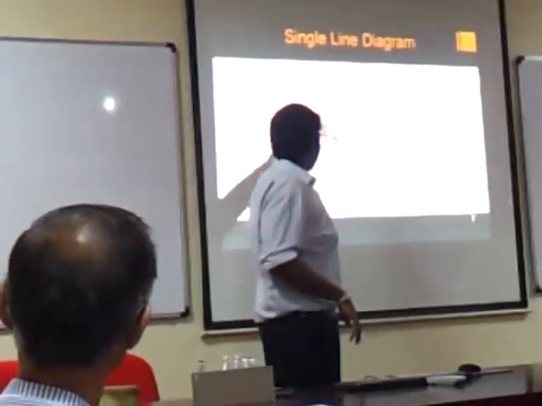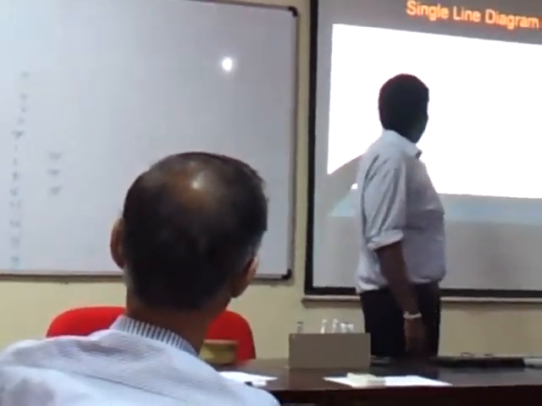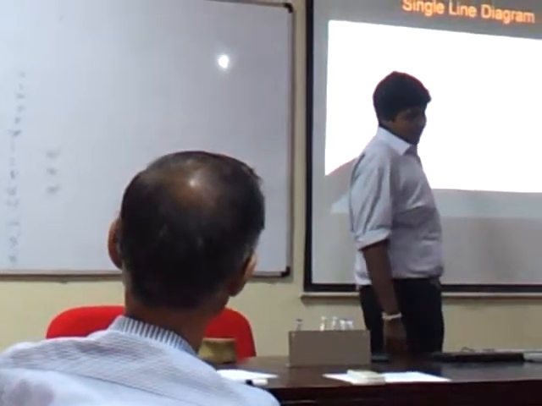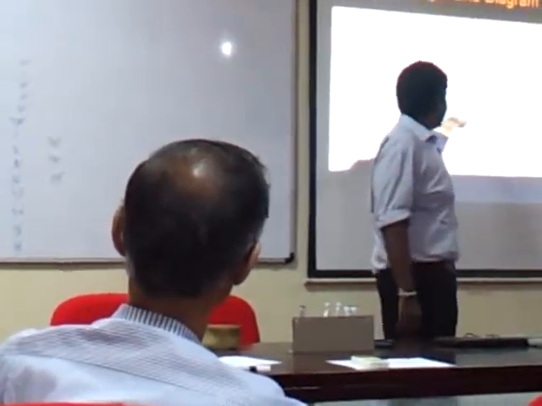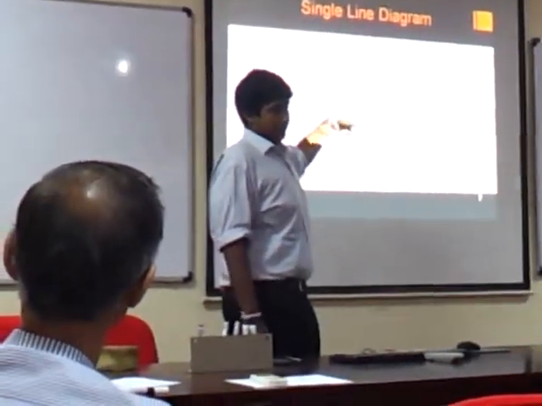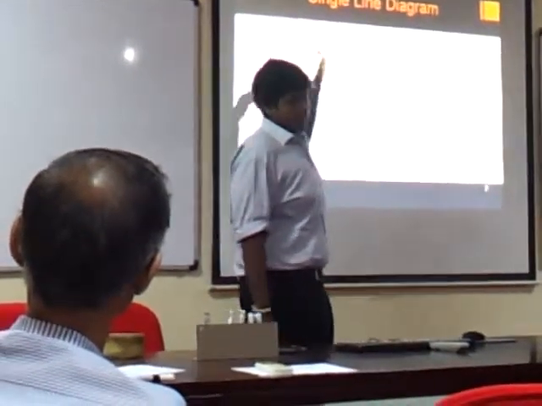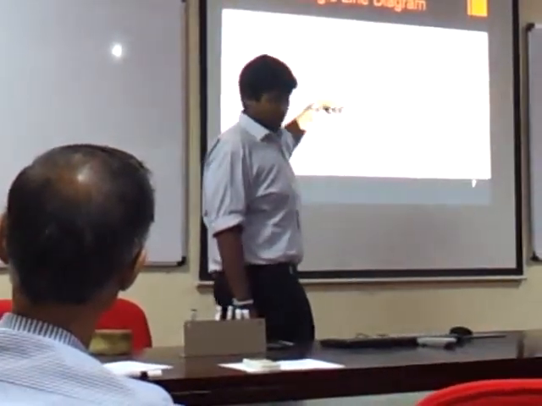In red I have shown what we will be doing, the protection we will be putting. As I mentioned, generator transformer protection is going to be implemented. Transmission line 4 will be used to put the REL 650 to simulate distance protection. Zone 1 was simulated, so we are going to go for zone 2 also.